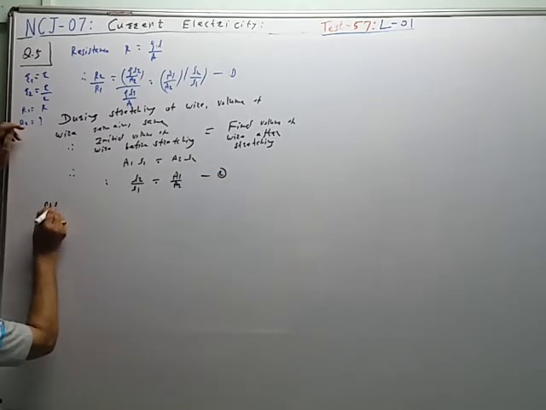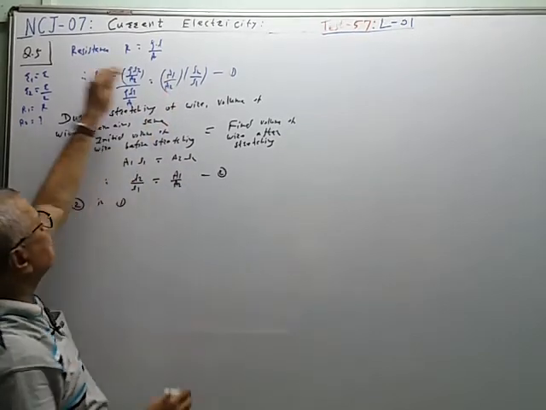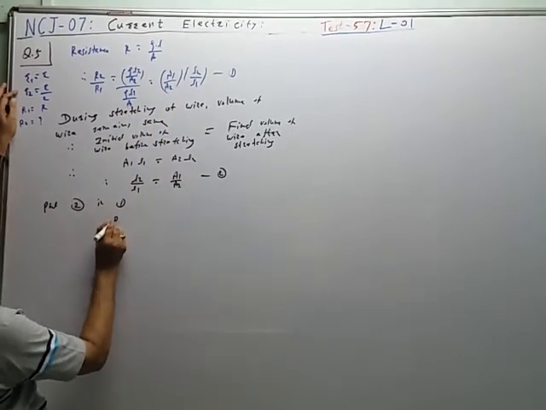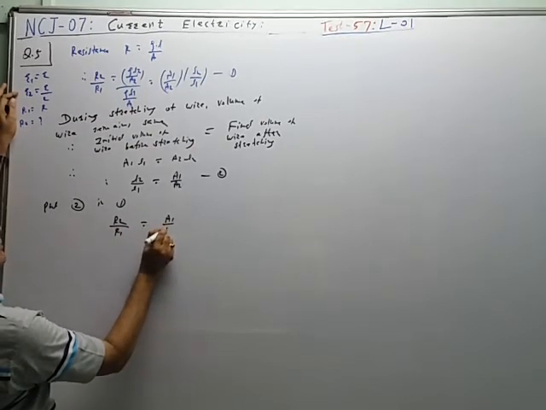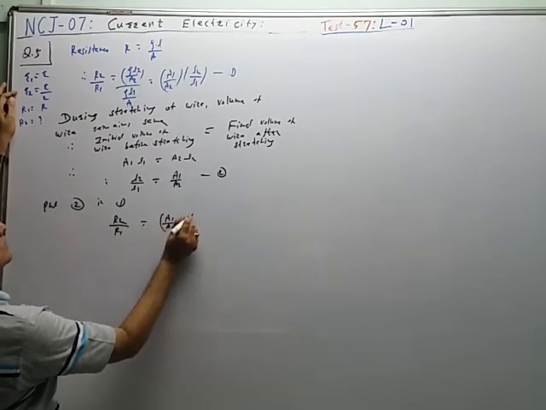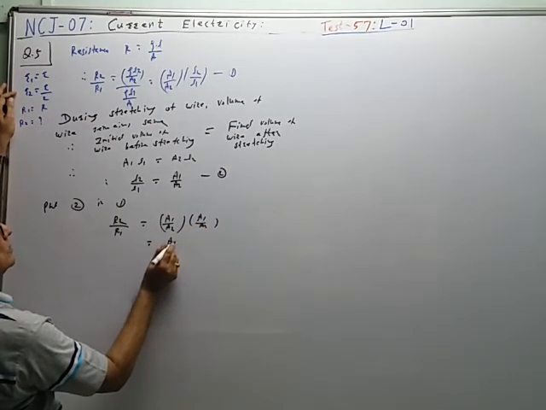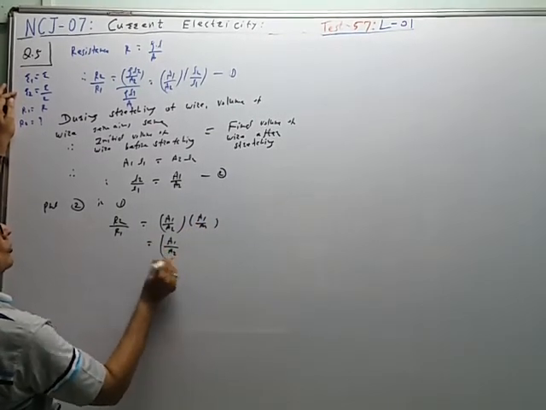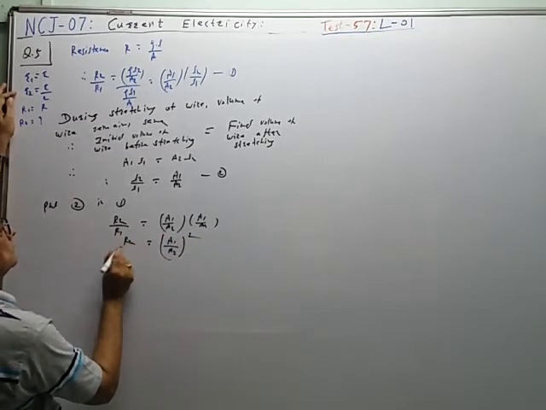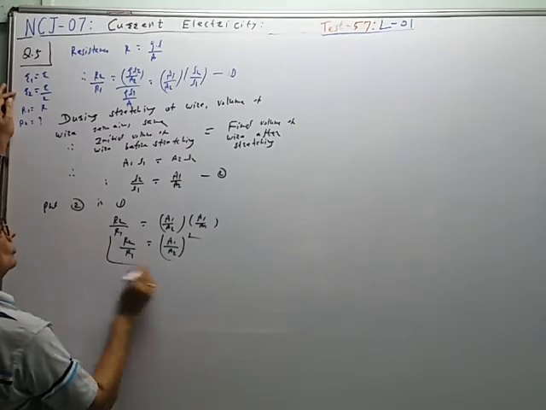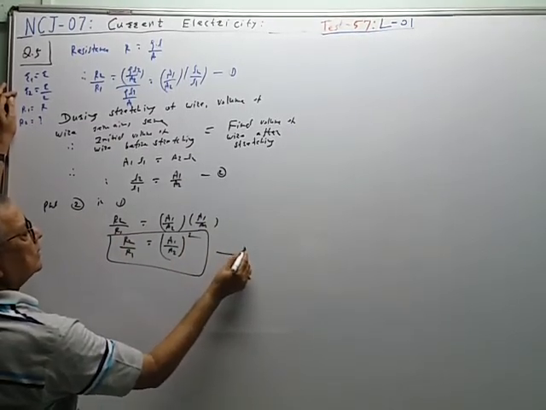Put this value in equation 1, substitute it, so R2 by R1 new ratio is equal to A1 upon A2 first bracket as it is, A1 upon A2 second bracket as it is, so A1 upon A2 whole bracket square. So we can use this equation directly, equation 2.